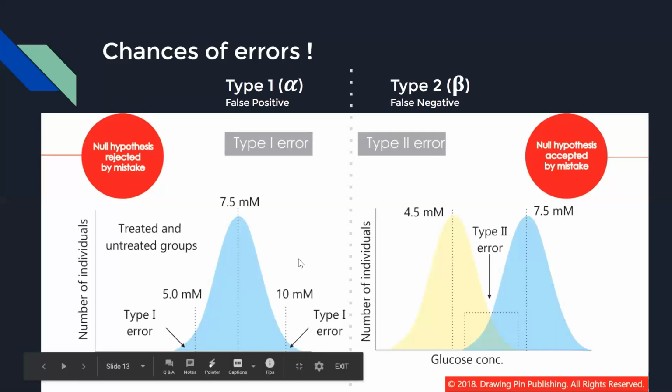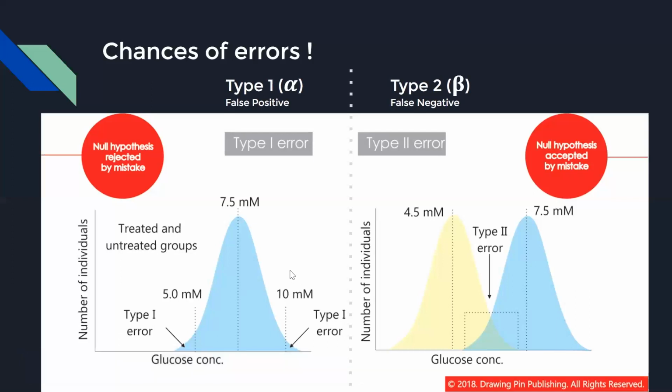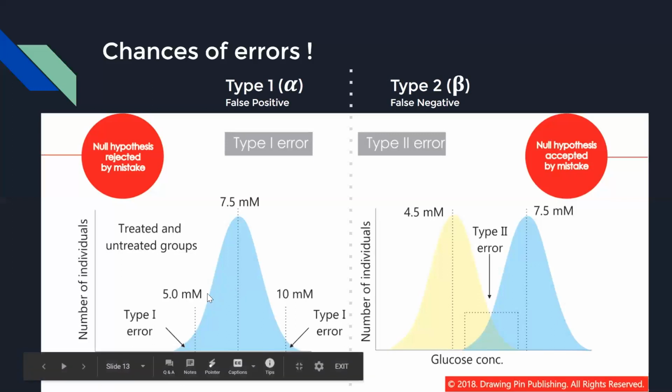It means you thought that your drug worked, but actually it did not. You just took animals from two extremes, like extremely left and extremely right of the population. So type 1 error occurred.